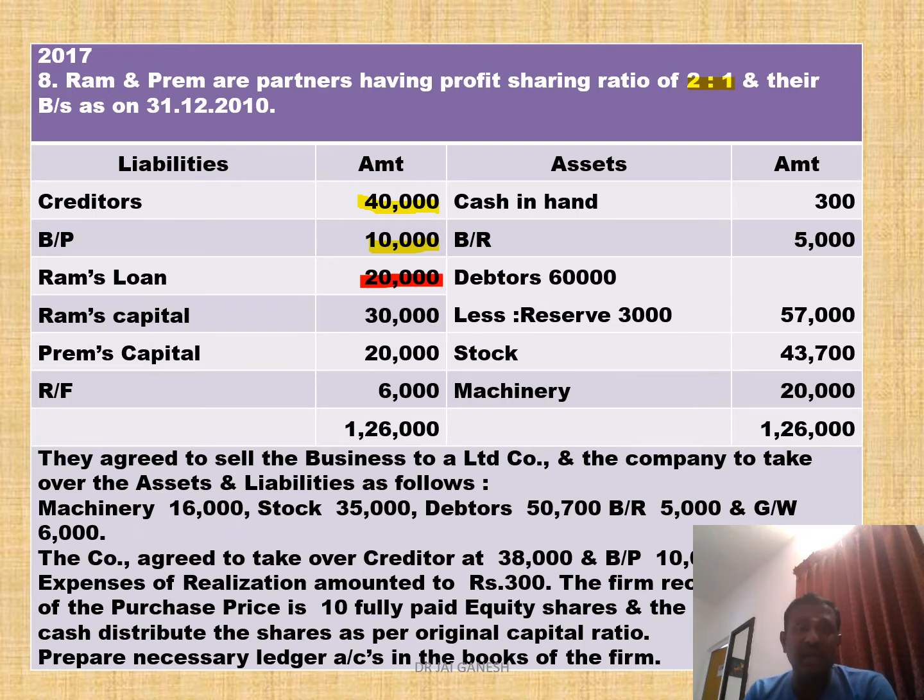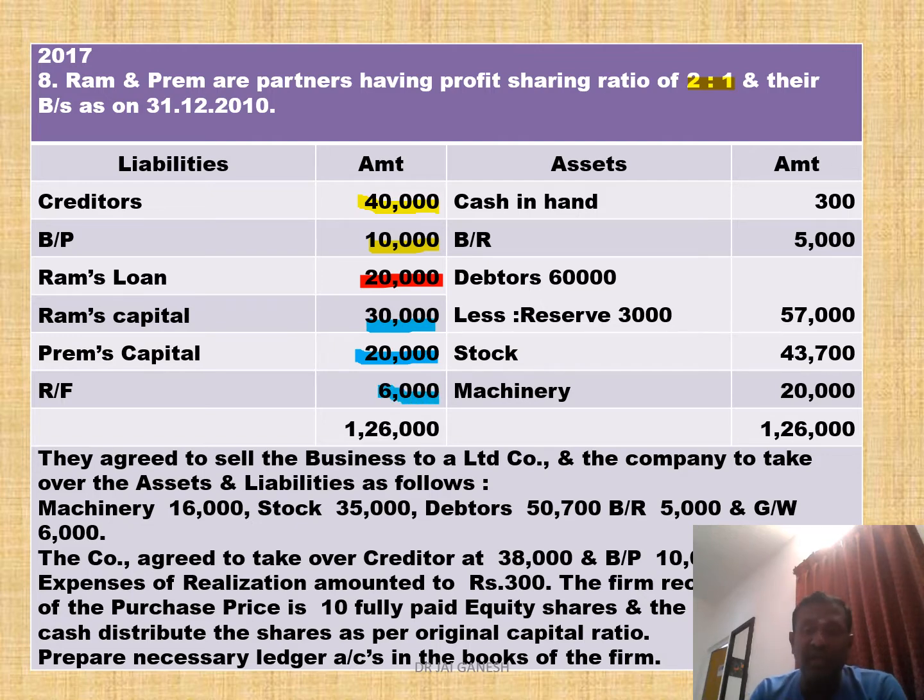Then we have capital accounts of Ram and Prem. Ram's capital 30,000, Prem's capital 20,000 to be taken to capital account as balance brought down. Then we have reserve fund to be taken to capital account and distributed among the partners in profit sharing ratio.